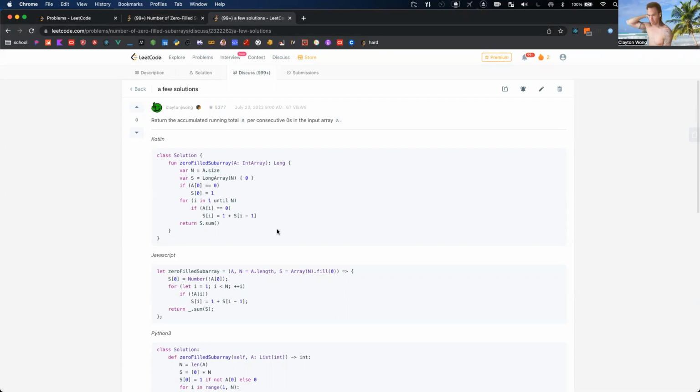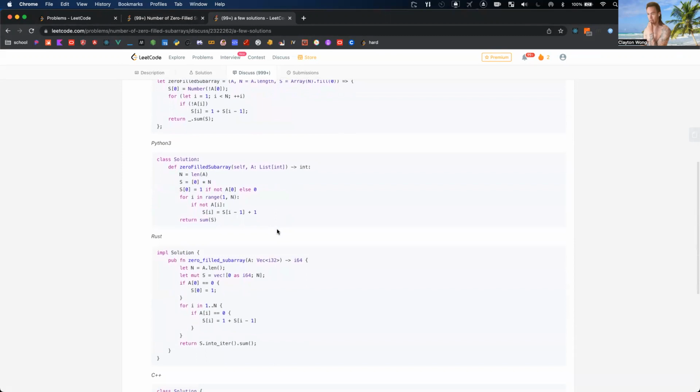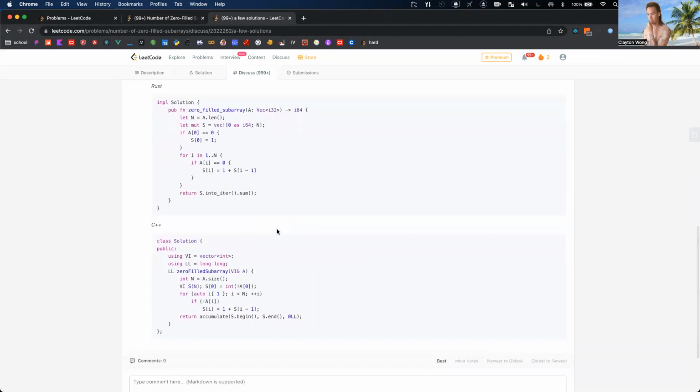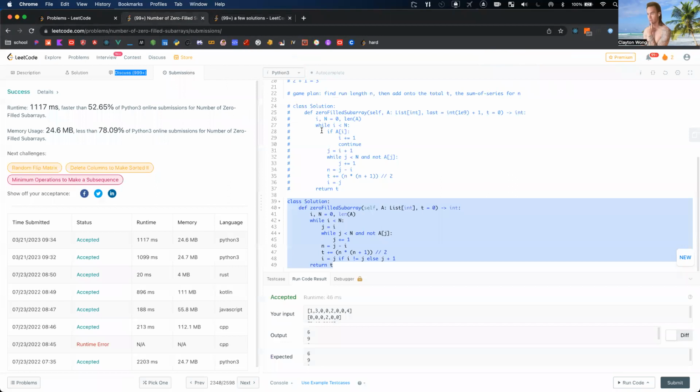Well, this is interesting. You can consider this somewhat of dynamic programming, right? It's a pretty decent solution. A different way of thinking about it, but it uses O of n memory. One plus the previous. Yeah, those are decent looking solutions.